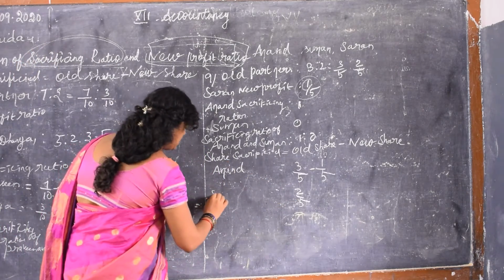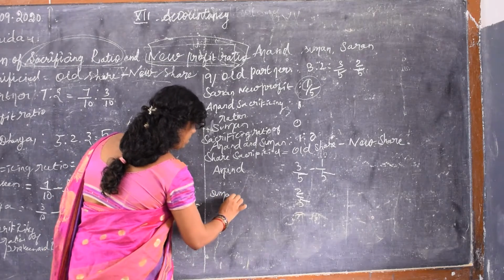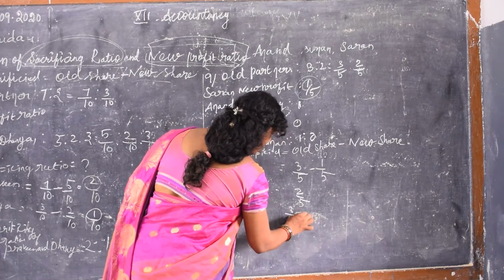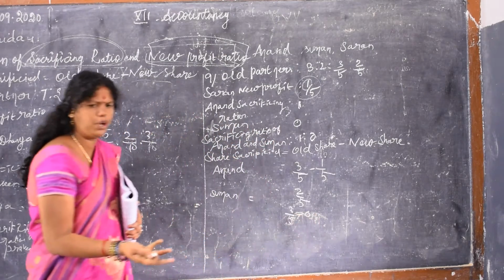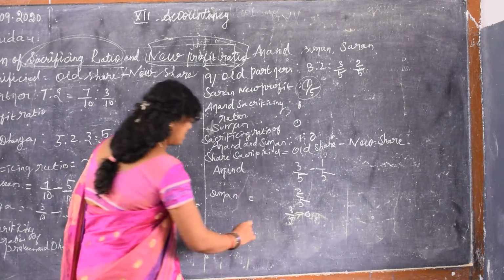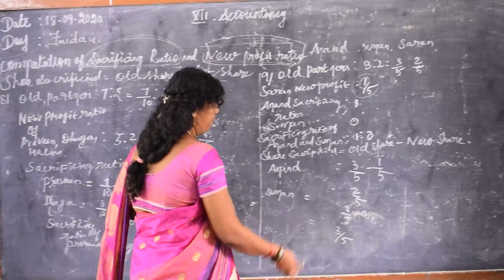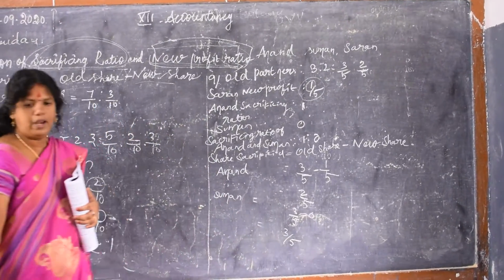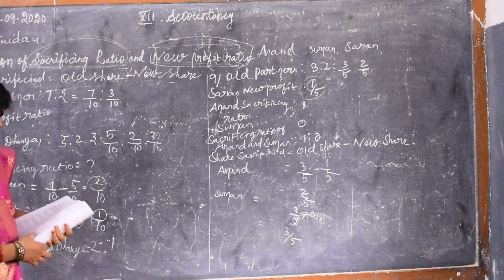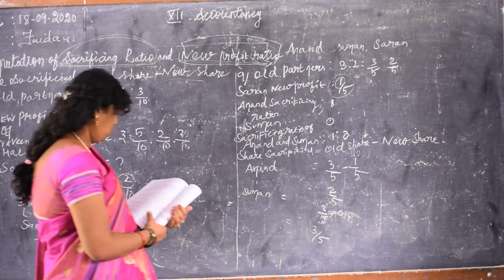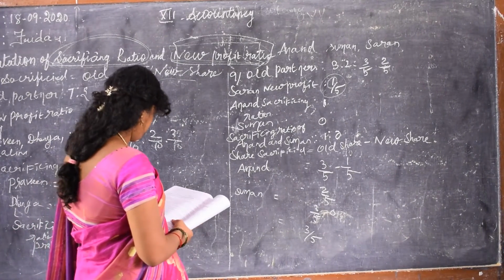Now we move on to Suman. For Suman, 3/5 minus 0, he does not contribute any share, so it is 3/5 only. Okay, 3/5 and 2/5. Now in this question they have asked the new profit ratio also.